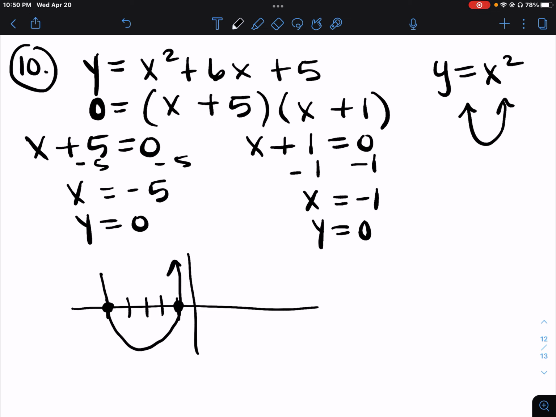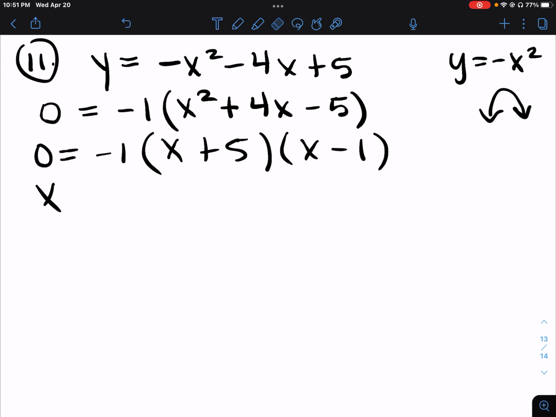Okay, so multiply to -5 and add to 4 would be 5 minus 1. Okay, I can divide this -1 out of everything so it looks nicer. 0 divided by it is still 0.